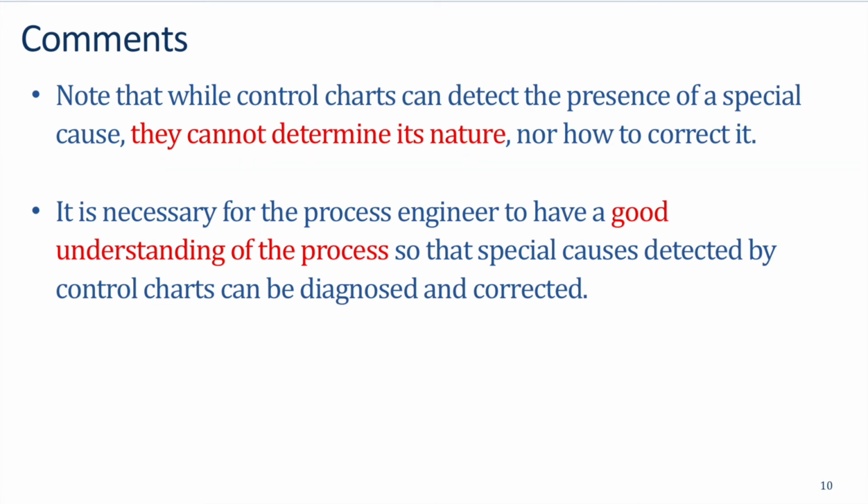So that's up to the engineer, who needs to have a good understanding of the process. When the special cause is detected, he needs to actually go to the process and correct it.